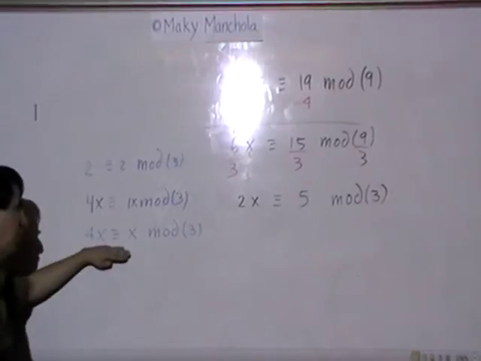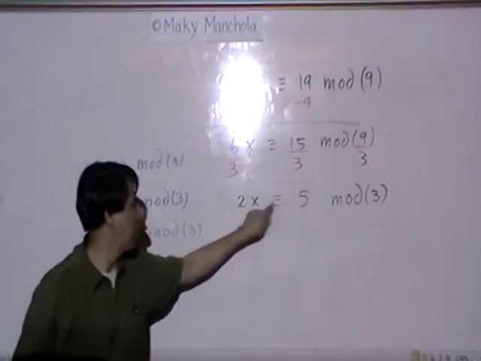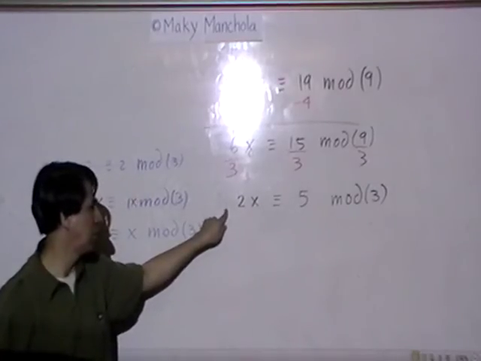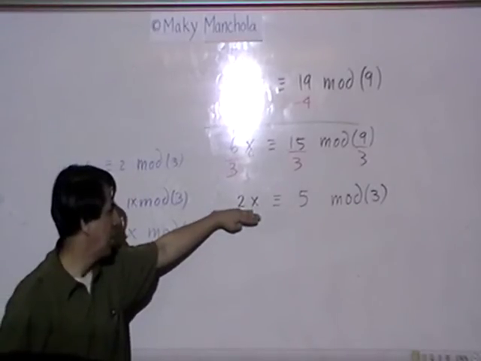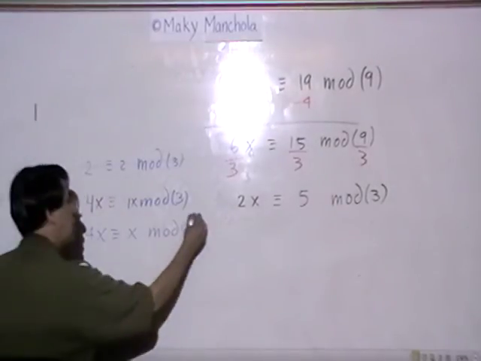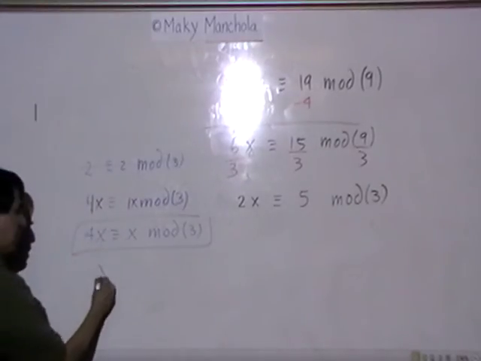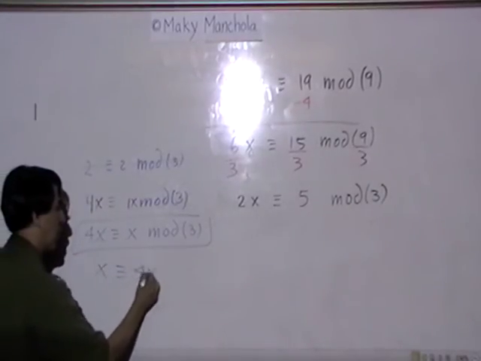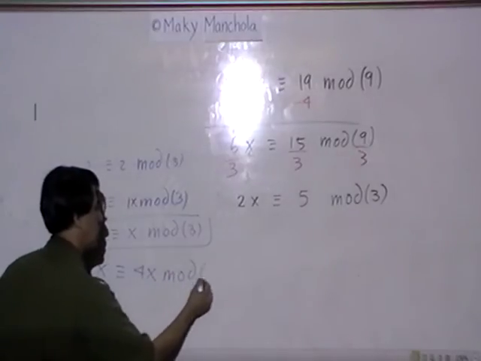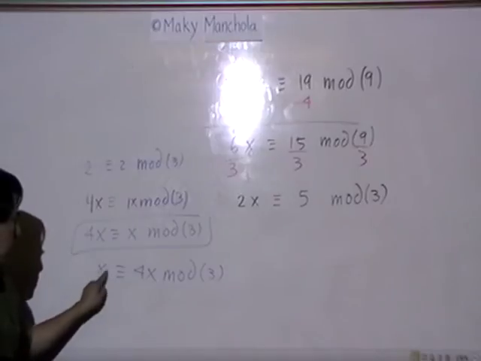Now, what's the point of doing this is I'm trying to figure out how to multiply both sides by an integer so that this guy becomes 1x. And here is the key to that success. Let me rewrite this as x is congruent to 4x mod 3. So 1x is congruent to 4x.